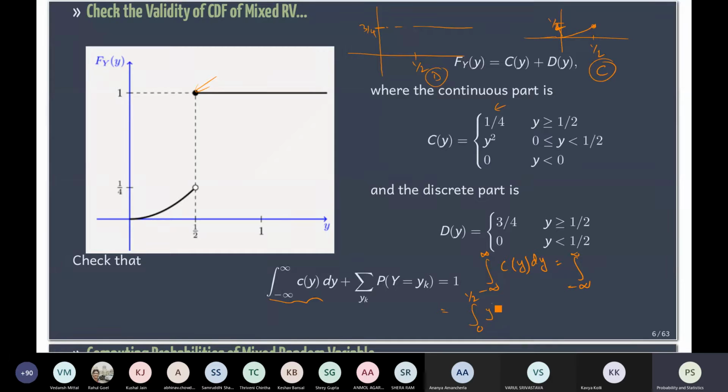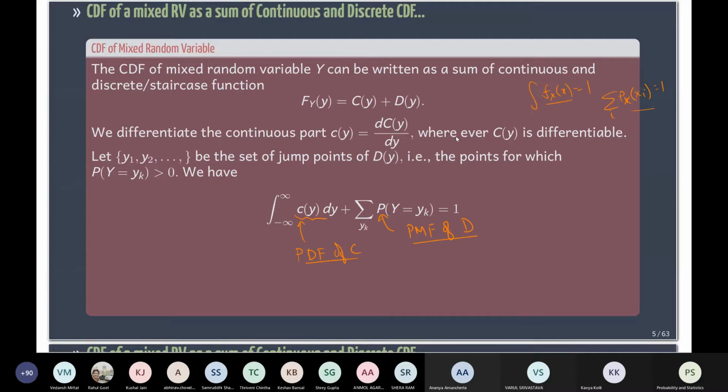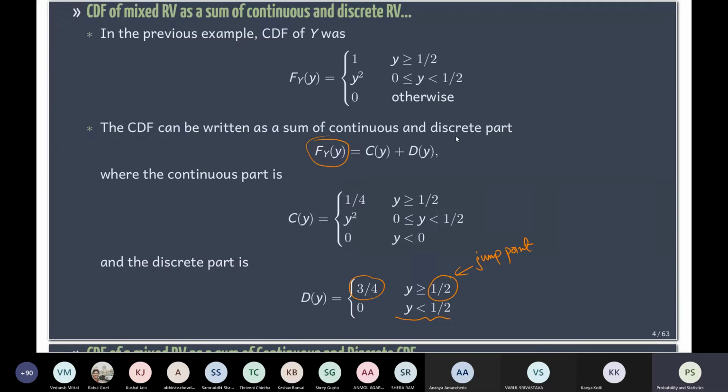And the function here in this case is y square, and y square dy. No, but I have to integrate what? Sorry, I have to integrate the PDF, not the CDF. Oh, okay, we did not do the differentiation, right?